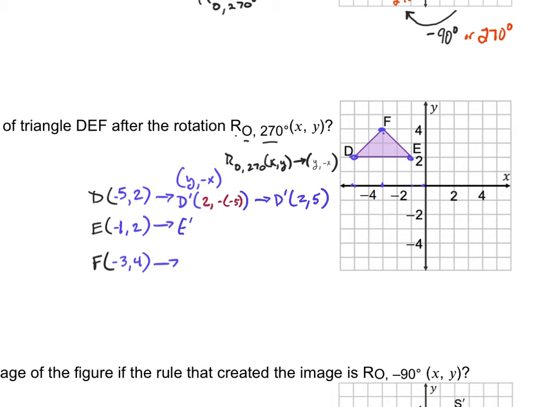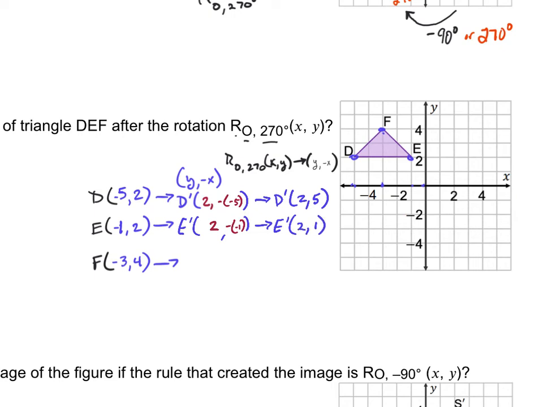Then E prime is going to be, well, again, our y value is 2, and then we're going to have the opposite of x, which would be 1, and that is going to map to E prime is (2, 1).